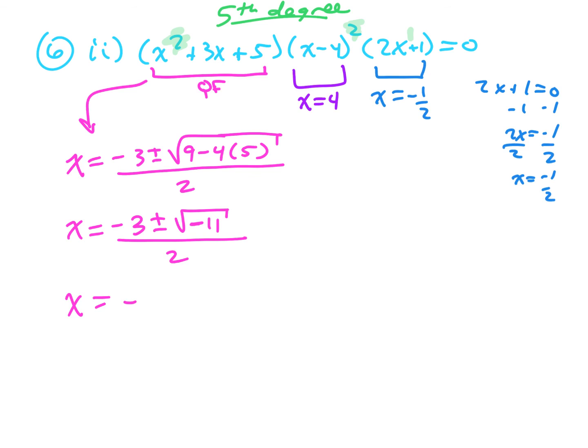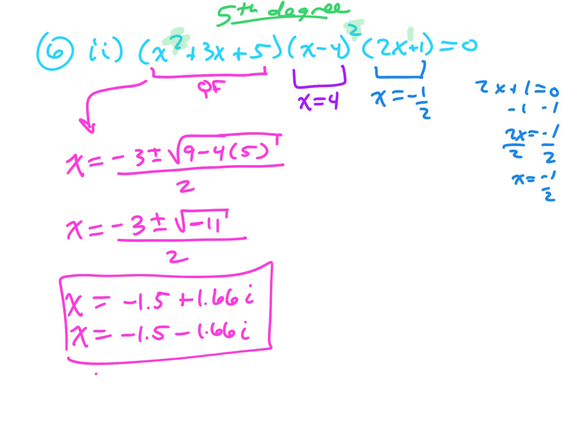X equals negative 1.5 plus 1.66i, which means I have the other part, negative 1.66i. So here are my two complex roots. And then I have a double root.